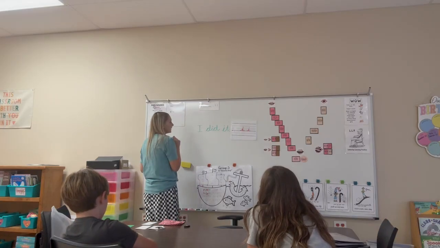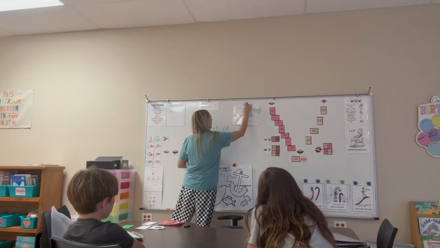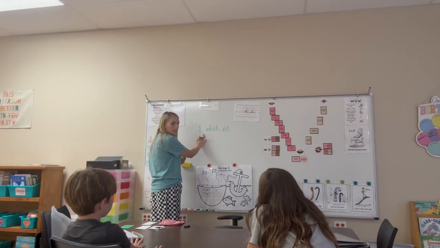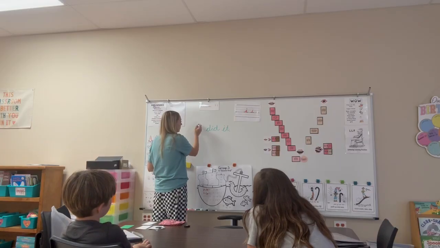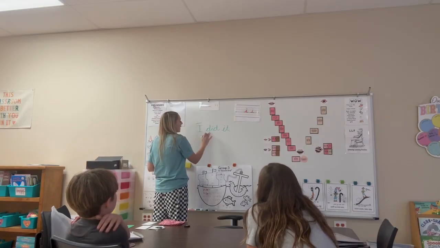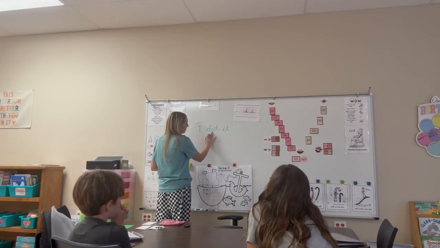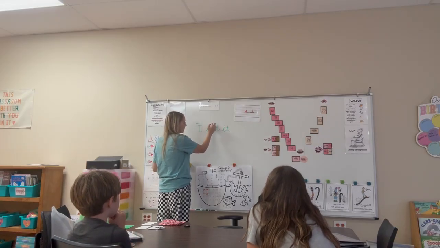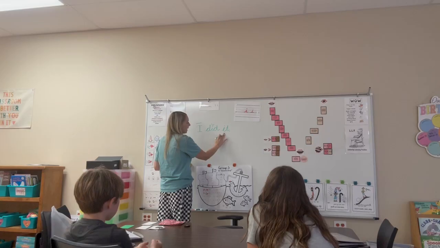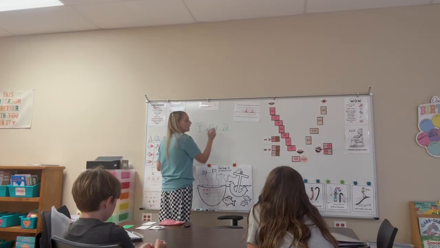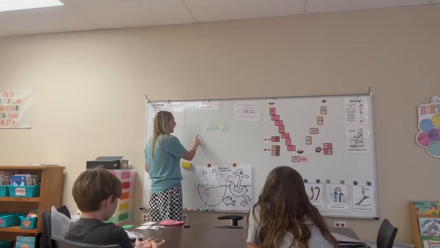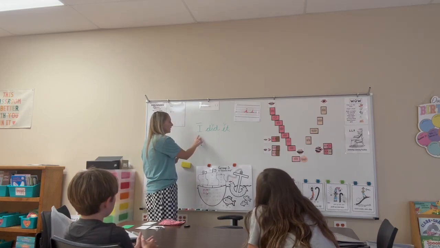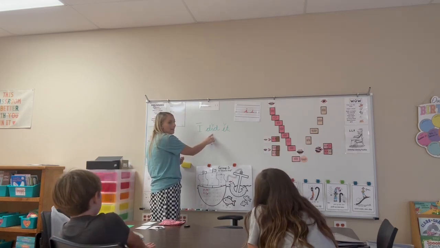Okay, in this sentence, I have I as a capital letter by itself. There's no consonant after it, so it's an open syllable. I'm gonna code it with a macron. And then in this word, I see my vowel I, and it's in a closed syllable. A vowel in a closed syllable is short, code it with a breve. And then I can read this sentence. I did it. So we can see that I can say I or it, okay?